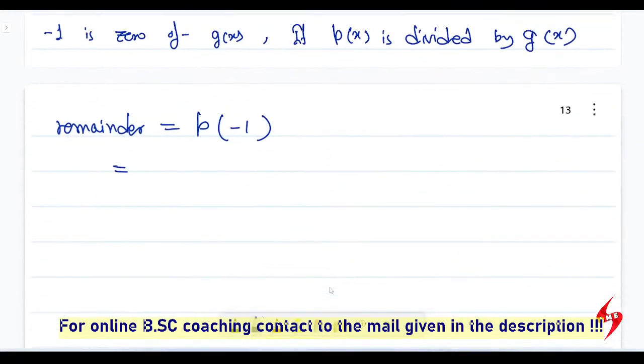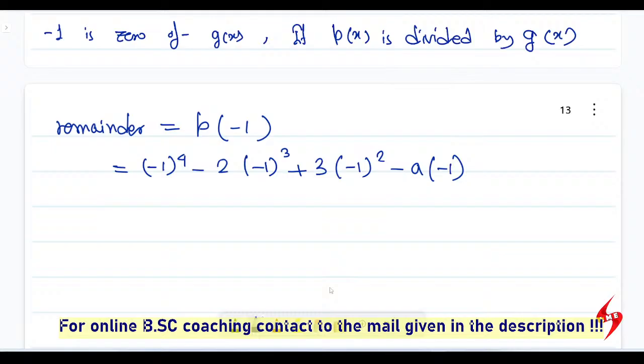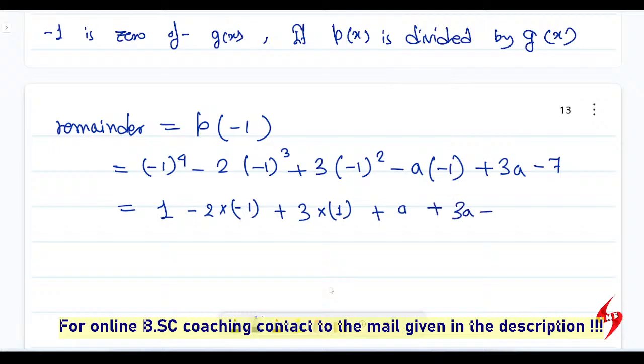So minus 1 to the power 4 minus 2 into minus 1 cubed plus 3 of minus 1 squared minus a into minus 1 plus 3a minus 7, that is 1 minus 2 into minus 1 plus 3 into 1 minus a into minus 1, that is a, plus 3a minus 7.